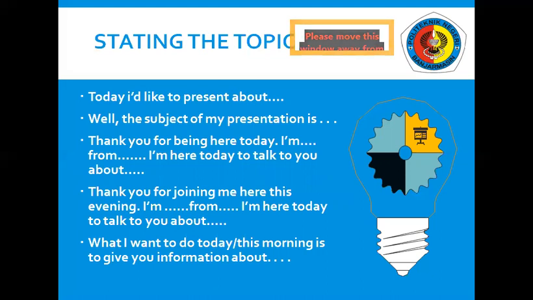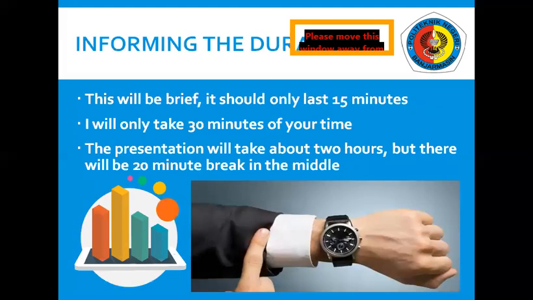I'm blah blah blah from blah blah blah. I'm here today to talk to you about blah blah blah. What I want to do today is to give you information about blah blah blah. Okay, so those are some expressions that you can use to state your topic, or you can find them somewhere outside here.